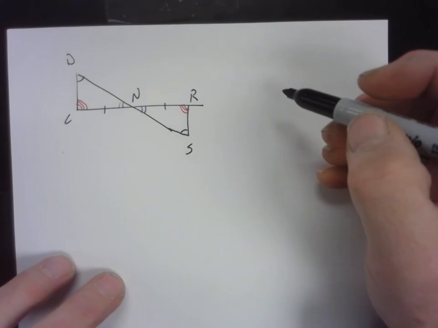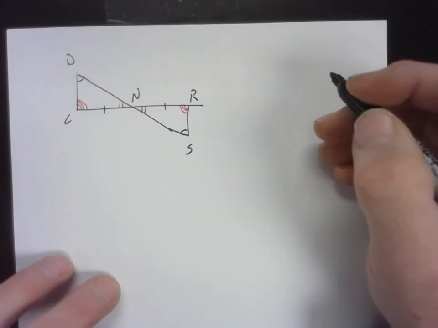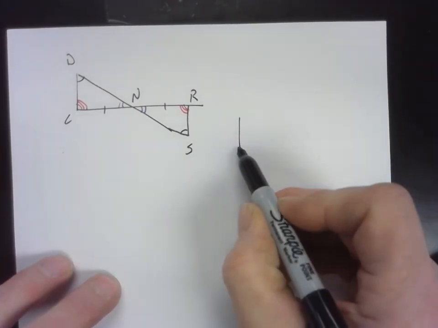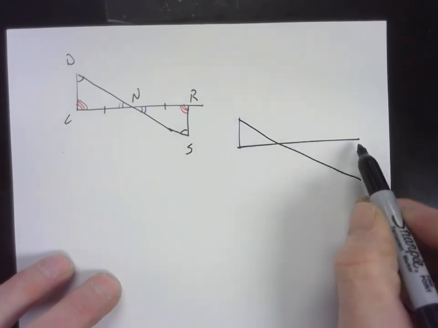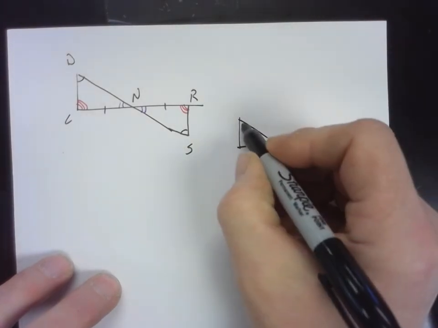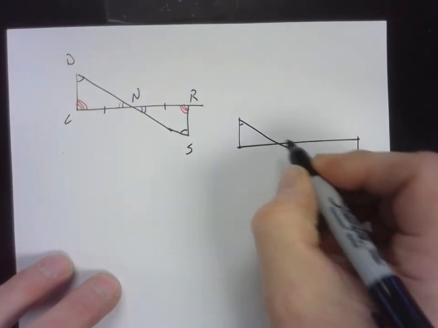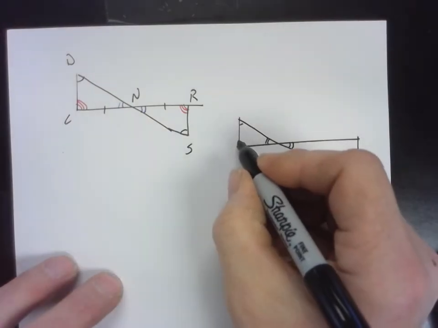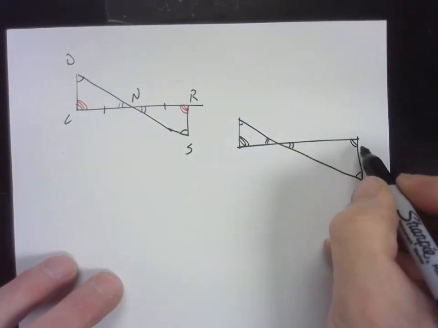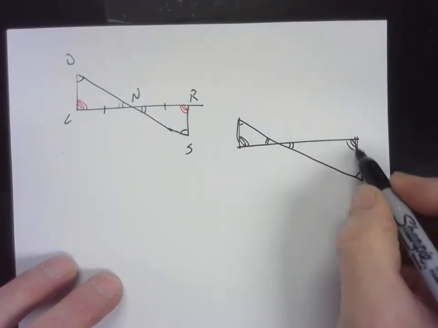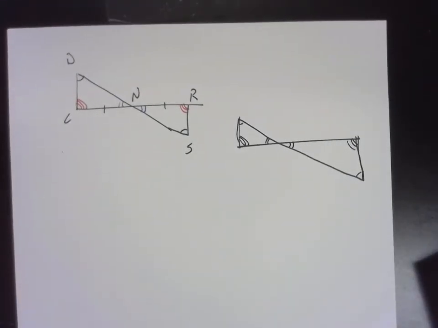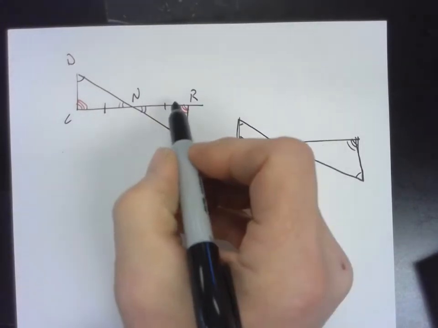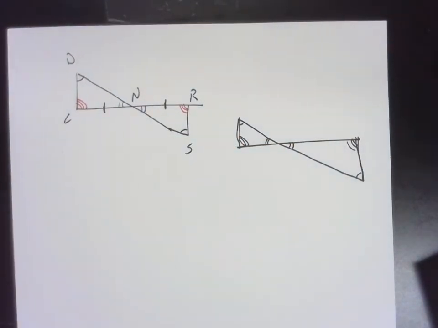Oh, you know, you would think so. But I can definitely draw a figure like that, where all three angles are going to have the same measure, and these two are parallel. Oh, but then those two wouldn't be. Okay, so.